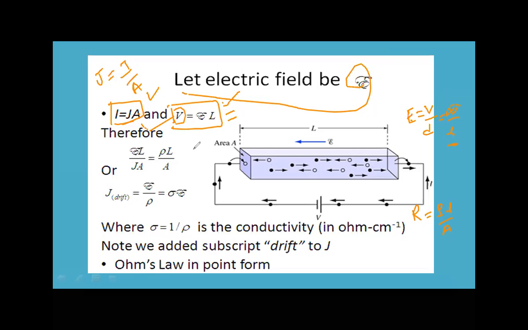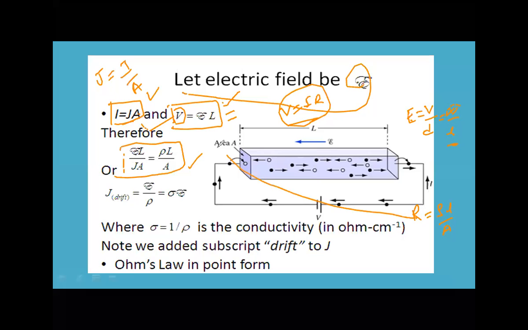V is equal to IR, just now we completed it, according to Ohm's law. So how did we get this equation? Can anybody tell? From these two equations, I got this value.